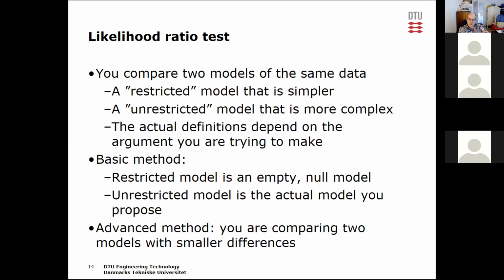The likelihood ratio test is primarily about comparing two models. We compare a simple model and a more complicated model. In the most basic structure, we compare our model to a zero model, to a null model, an empty model.